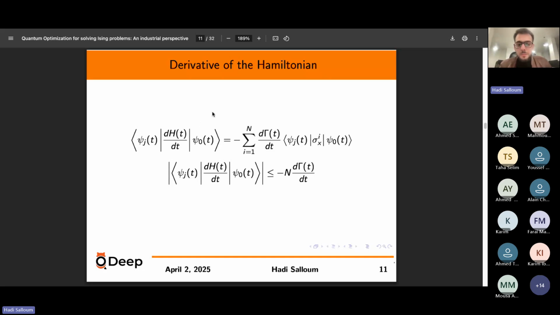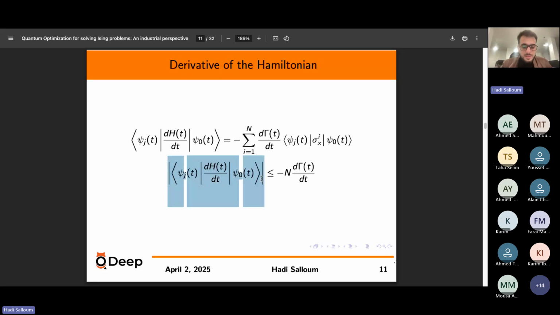I will just show the condition of the schedule for quantum annealing to reach the optimal solution. Here, as we said, we just replace the Hamiltonian with the quantum Hamiltonian that we had before, and we have gamma in terms of t. So we just need to derive gamma(t), and we will get this inequality.